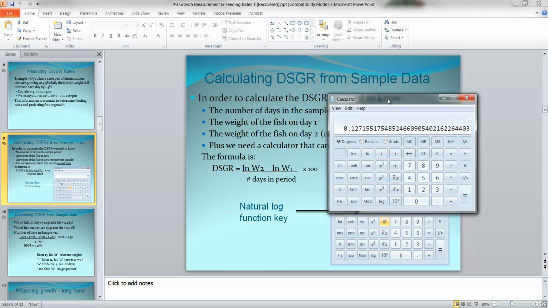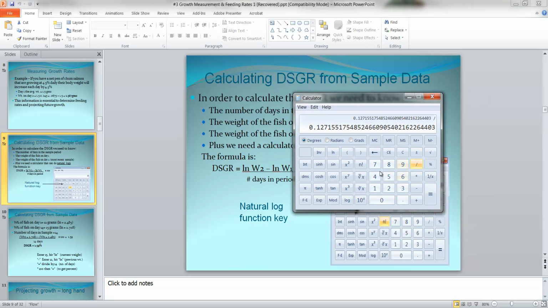The next thing I have to do is divide by 7, because there were 7 days in that period. That equals 0.018, and really 3 digits is enough, so I'm going to say 0.182.